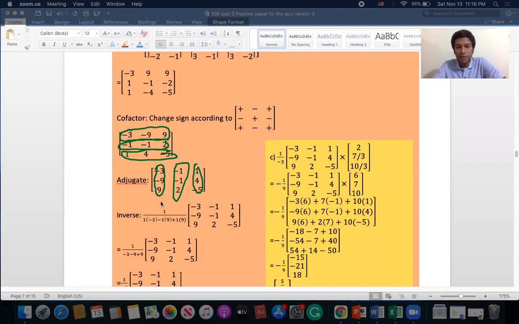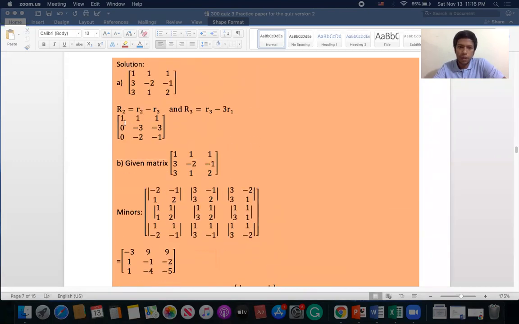For the inverse, the rule is that this is the determinant of the original matrix. So 1 into minus 3, minus 1 into 9, and 1 into 9, this comes from here.